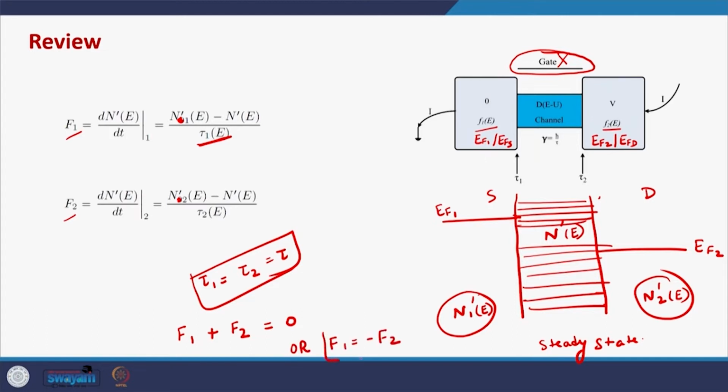So, this is the steady state situation in the device.